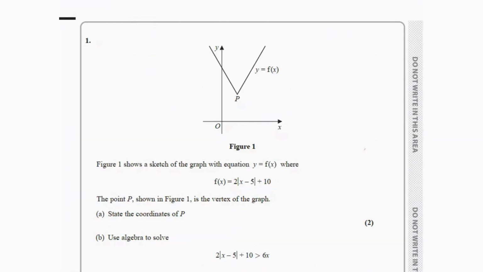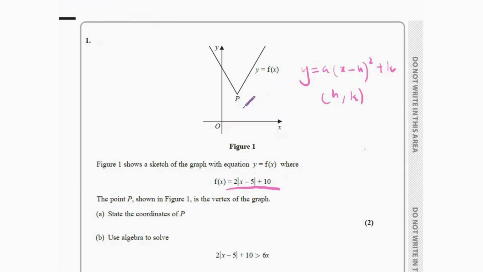So to find the coordinates of P, we can see that it's the vertex. To find the vertex, we're going to use the absolute function, and the format is the same as that of a quadratic equation. You remember in a quadratic equation, it was y equals a times x minus h whole square plus k, where h and k were the coordinates of the vertex.